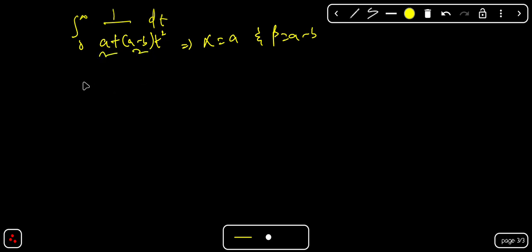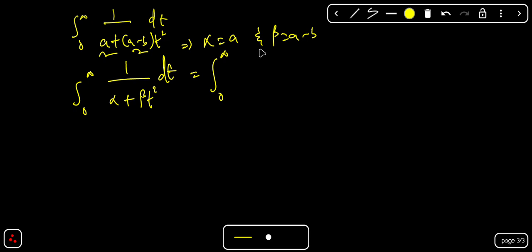So if I do that, I'm going to have the integral from 0 to infinity of 1 over alpha plus beta multiplied by t square, dt.